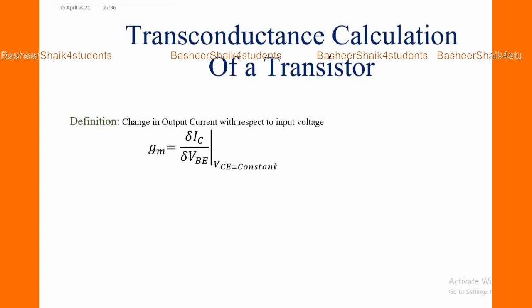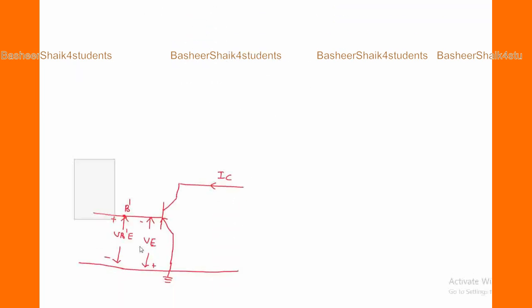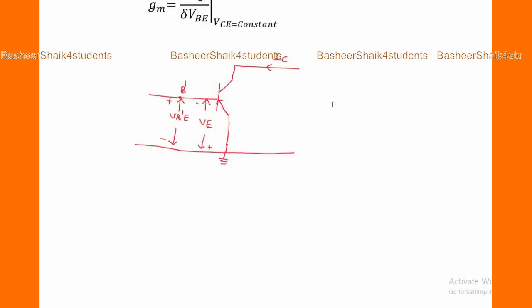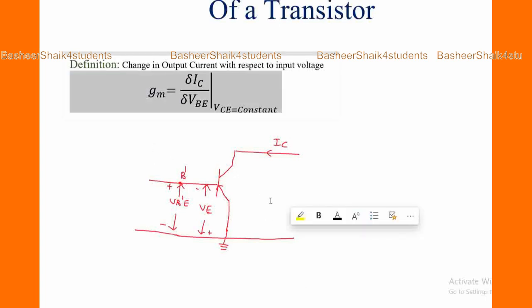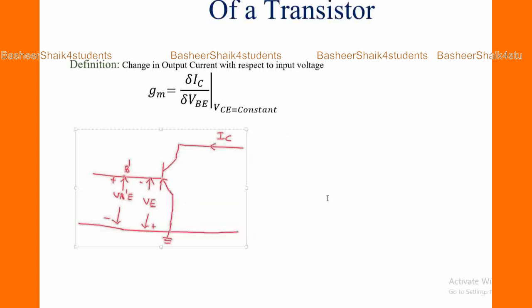So in order to prove this one, we are going to be considering a PNP transistor, where the VBE is the applied input voltage, IC is the output current, and now to find the corresponding values over here, we are going to write Gm.